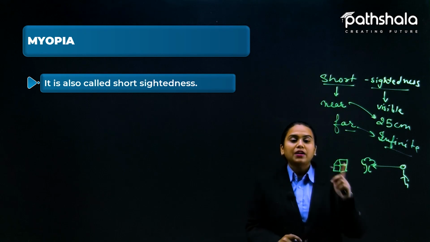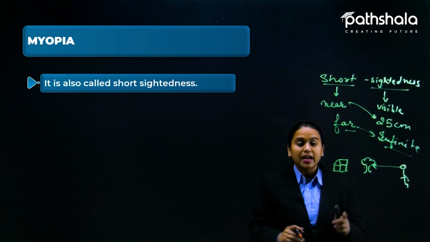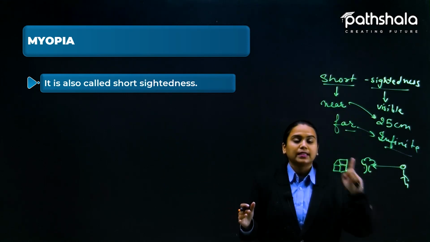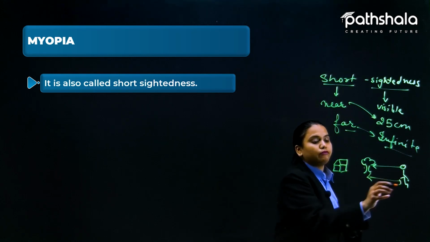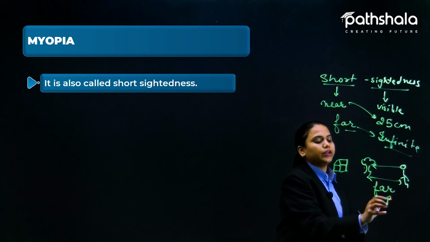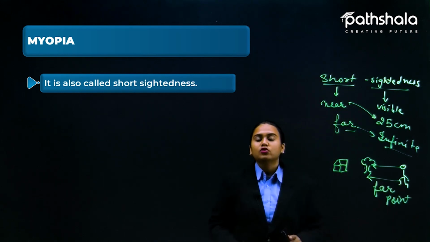Up to that tree he is able to see things very clearly. That gives an idea that the furthermost thing he is able to see is this one. So that is the farthest distance, or we can say the far point for this person, and after that he is not able to see.